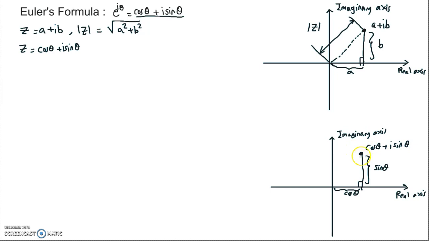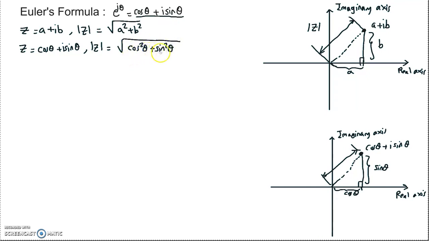Okay, how about the magnitude of that complex number? The magnitude is the distance from the point to the origin. It's this distance here. And we said that the magnitude of z equals the square root of cosine squared theta plus sine squared theta.